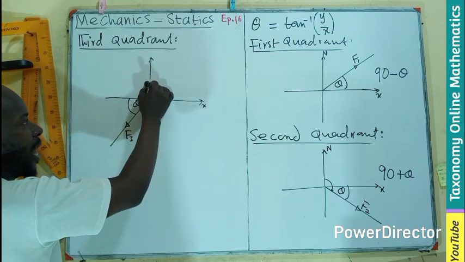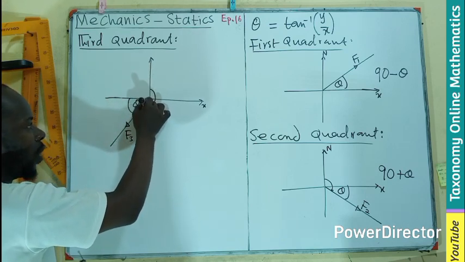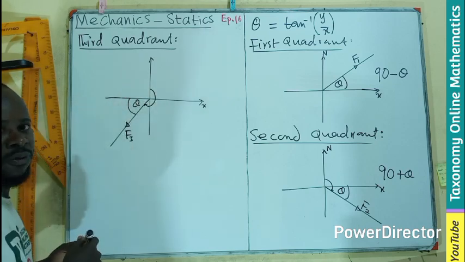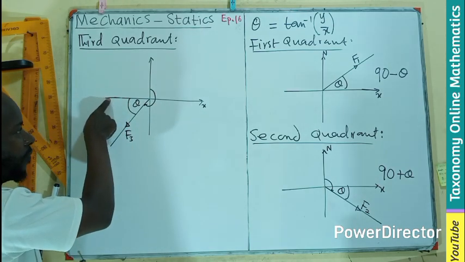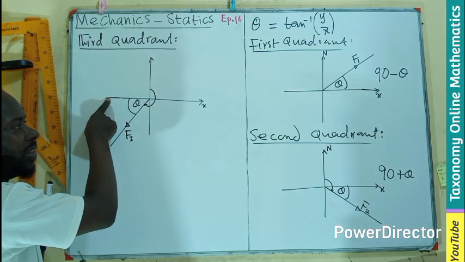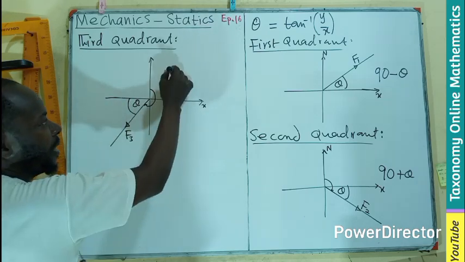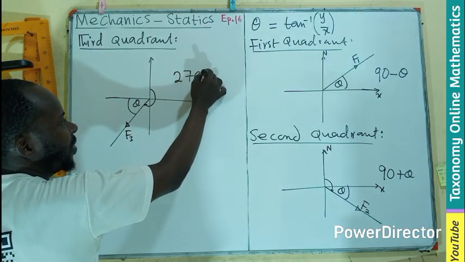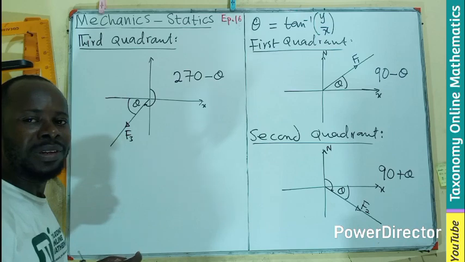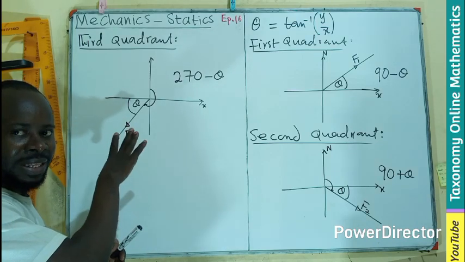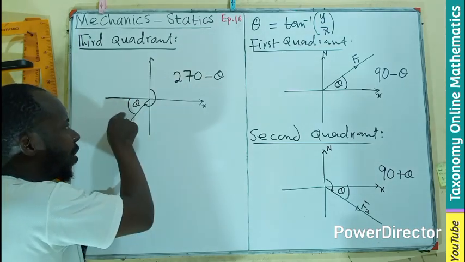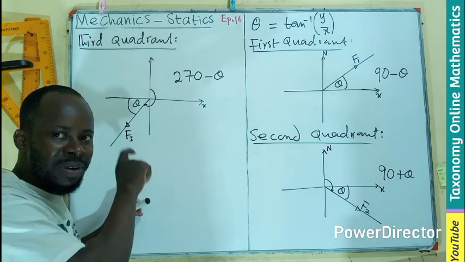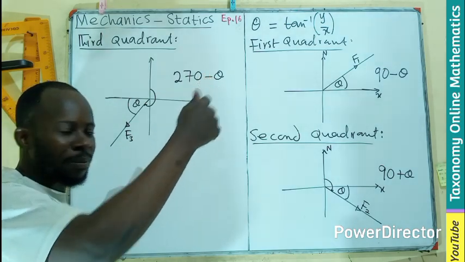To find the bearing is from the north all the way to where the force is. So if the force were to be here, that would be 270. It is not up to 270, meaning it is less than what? 270. You subtract that angle from it.